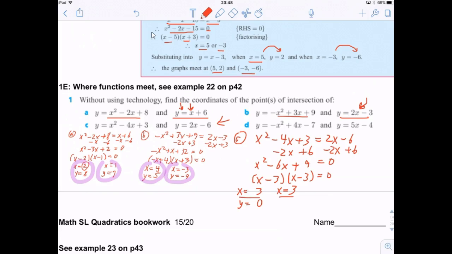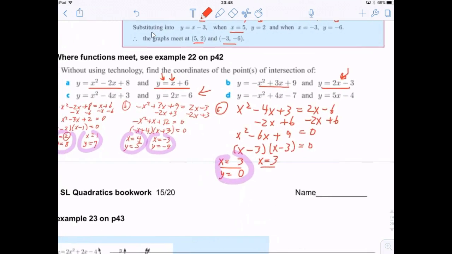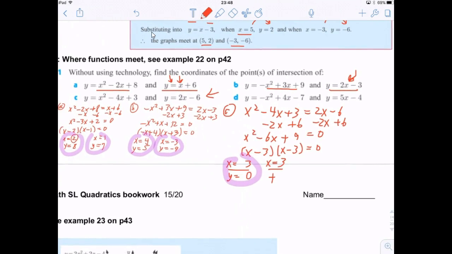So that means that there is only one point that the parabola is going to touch the line, kind of like this drawing here. Okay, so this is touching at one point.